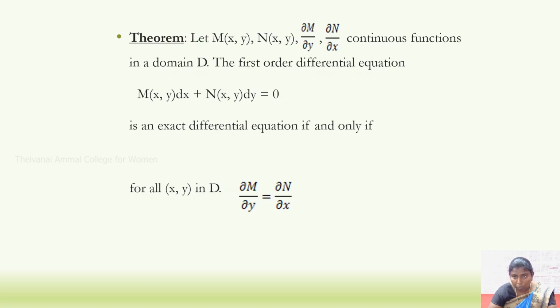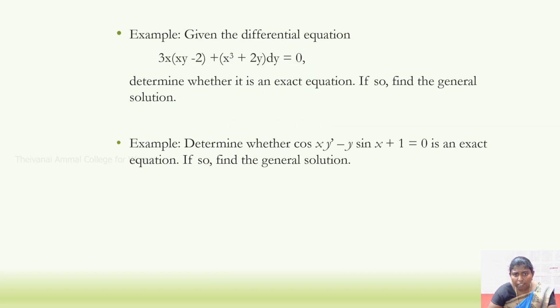So the problem solving condition is this: the equation satisfies dou m divided by dou y is equal to dou n divided by dou x, which means it is an exact differential equation. This is the solving method of ordinary differential equations.